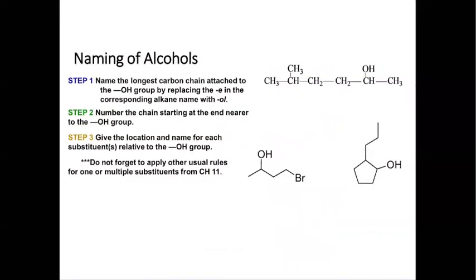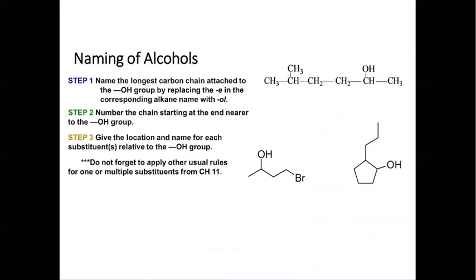Let's first deal with the alcohols, okay? When we are naming an alcohol, we're going to find the longest carbon chain, okay? We're going to write the alkane name, and then in the alkane name, we're going to replace the E ending with OL because we're naming an alcohol.